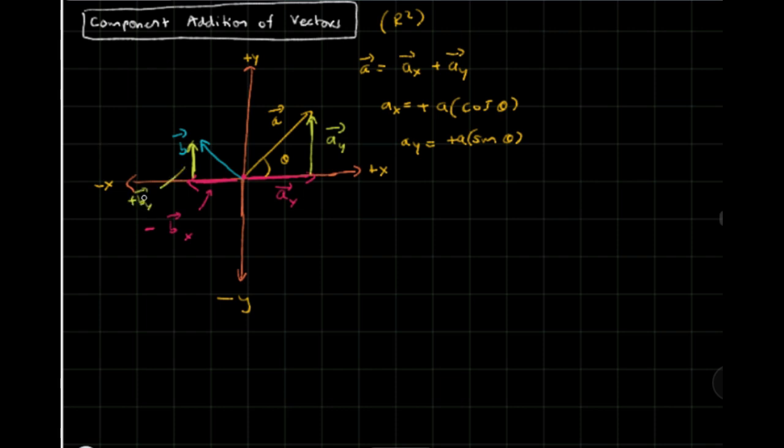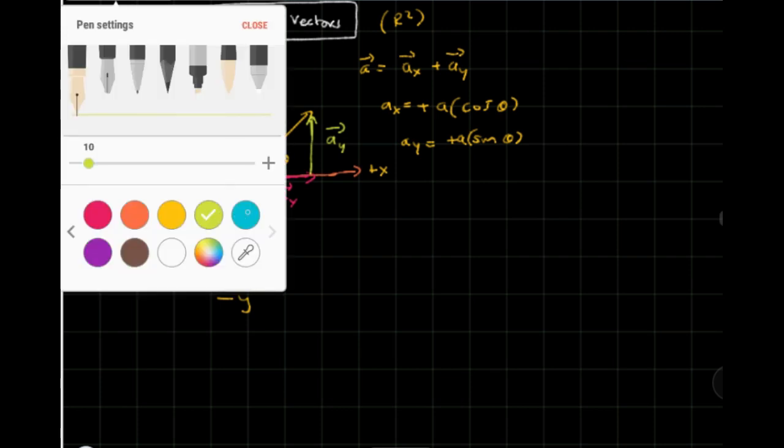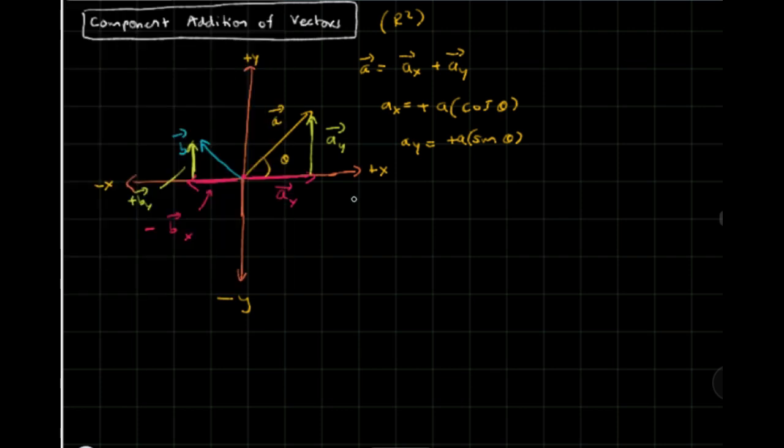So this is positive By. And let's call this angle beta. Okay, this is angle beta. You can use any letter, it doesn't matter.